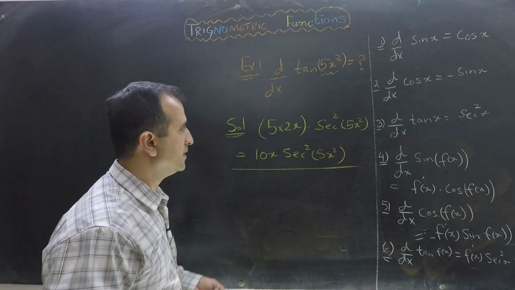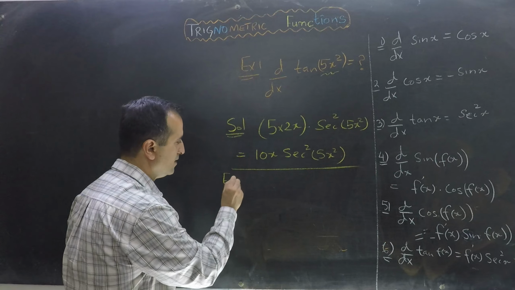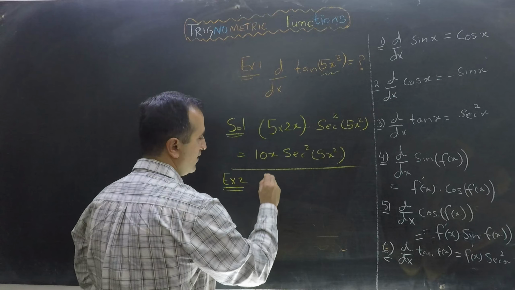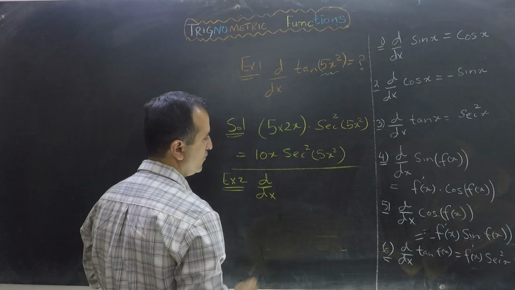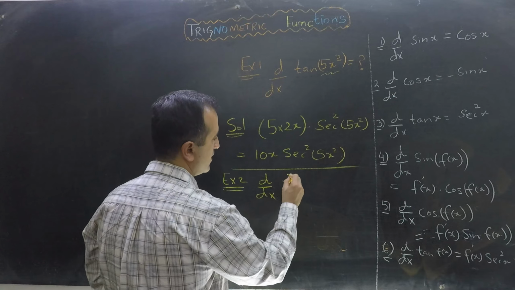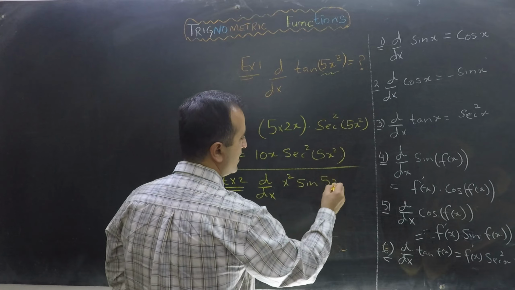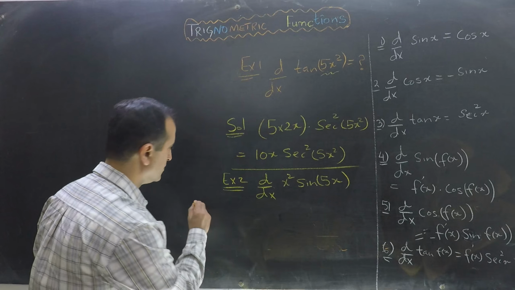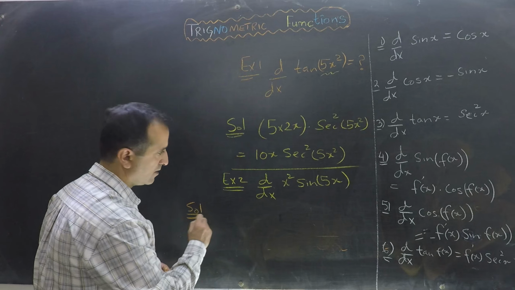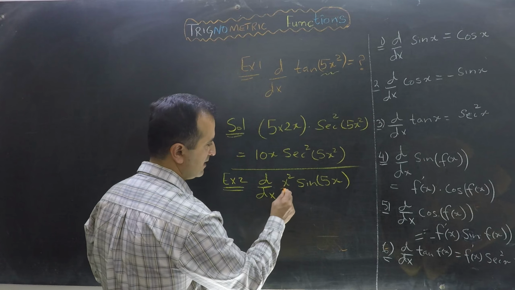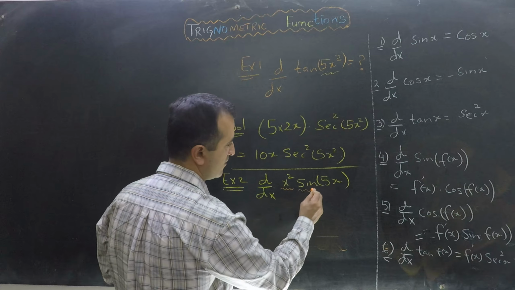Let's do another example. Example number 2. Find derivative of x square sine 5x. Our solution. So we will be using product rule, that first, let's say this is our u and this is our v.